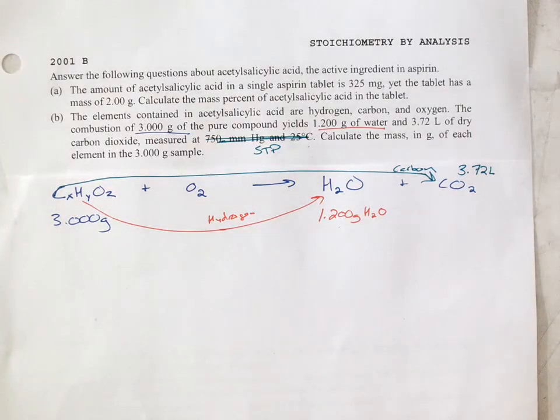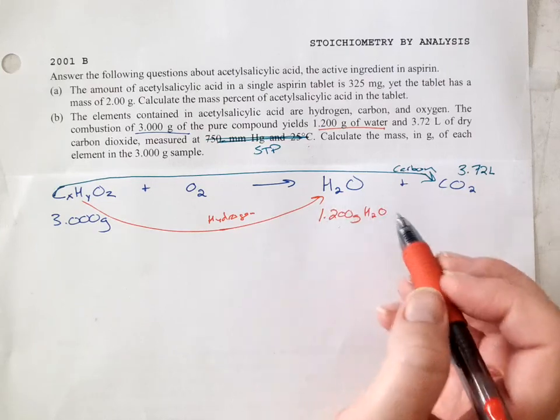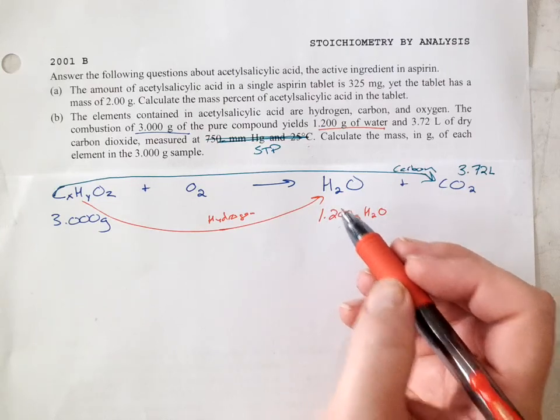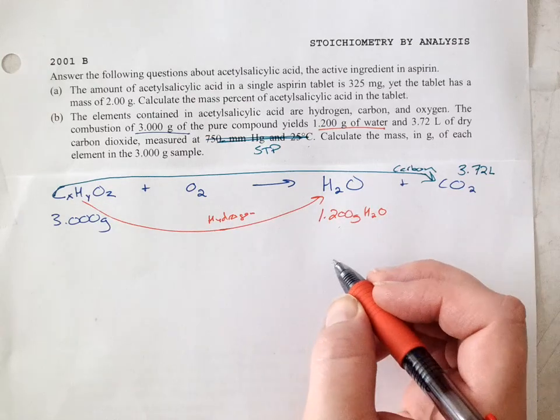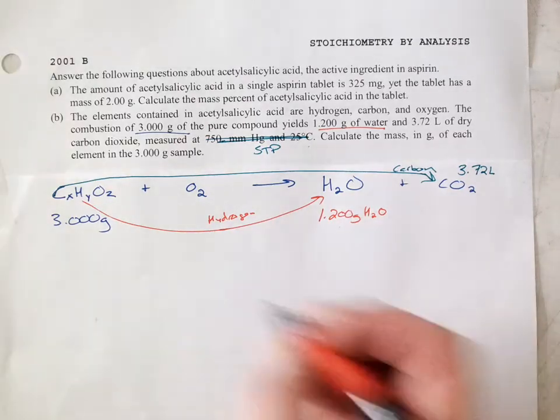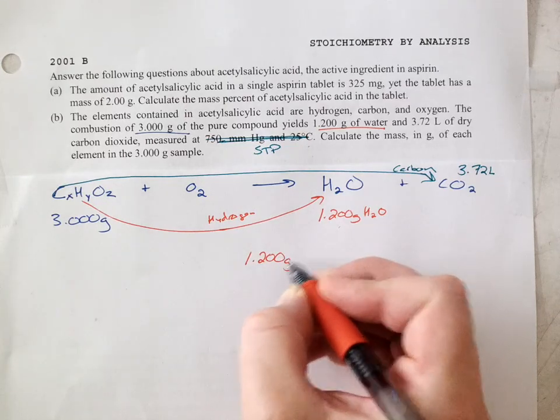Okay, let's look at the hydrogen. In water, it's always 2 hydrogens for every water. There's always a certain percent by mass of hydrogen in water. It turns out to be about 11%. If I want to do it in one step, it looks like this. Here's my mass of water.